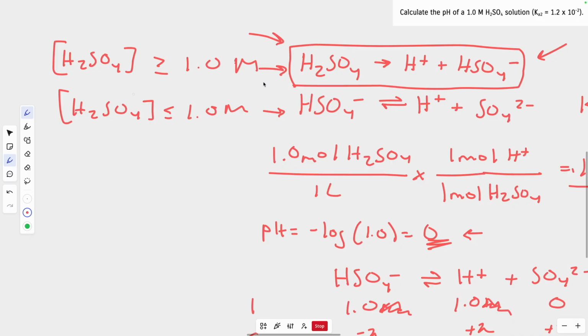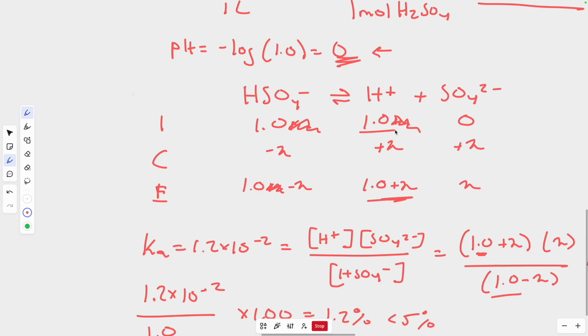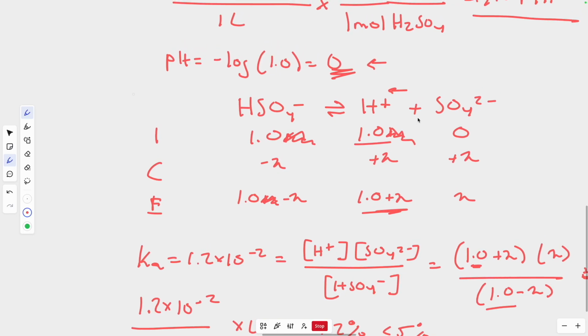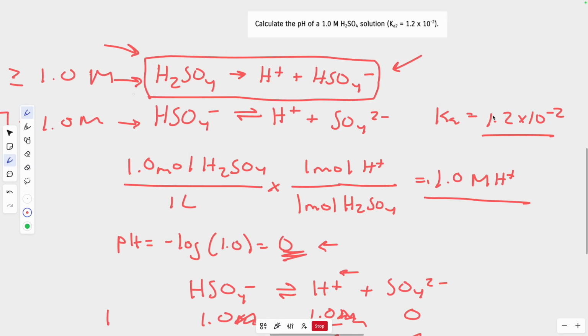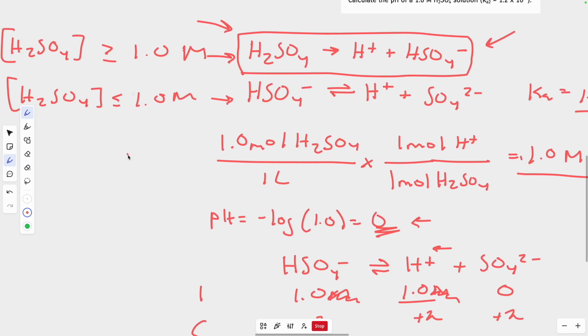If you have a lot of H plus, then the small amount that's going to be added won't change it. And think of it in terms of equilibrium, right? In the second reaction, if we have a large initial concentration, that's going to push the equilibrium this way. But if you have a smaller one, then it's going to proceed more towards the products. So the answer for the first one is going to be a pH of 0.